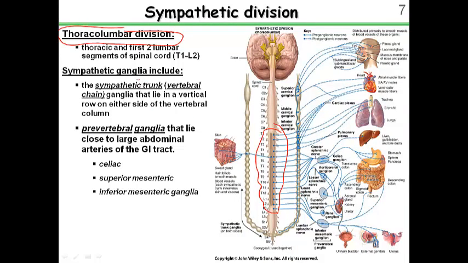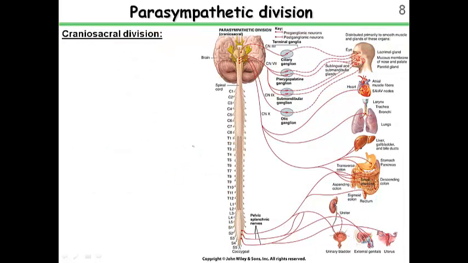It uses this big ganglion called the sympathetic trunk or sympathetic chain. That's this thing. It's on each side of the spinal cord. It's used by the sympathetic nervous system. And then there's some other ganglia used by the sympathetic.